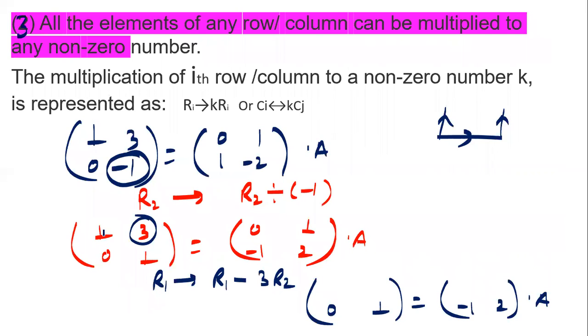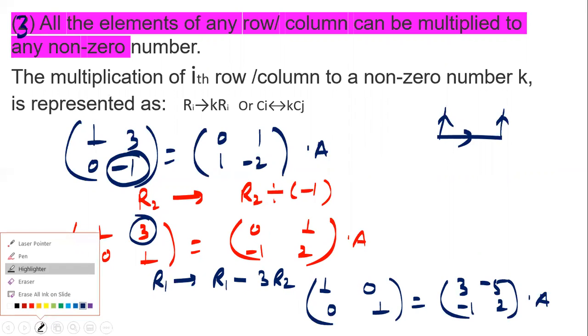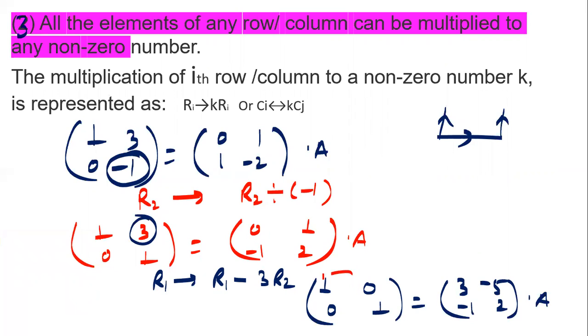R1, 1 minus 3 into 0, that is 1. 3 minus 0 minus 3, that will become 3. 1 minus 6 will become minus 5. And you can see over here, this has become the identity matrix.